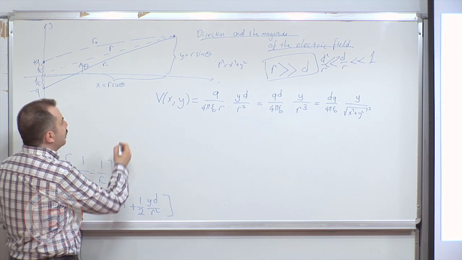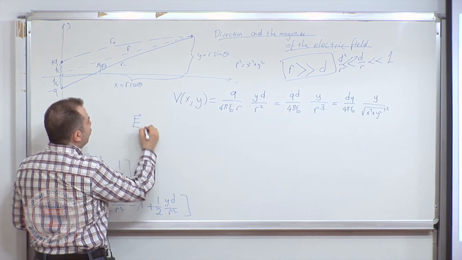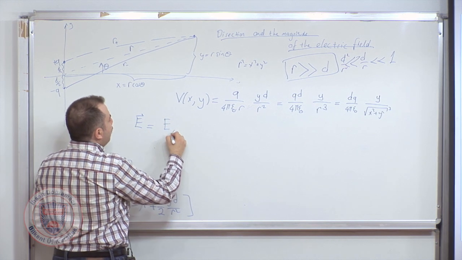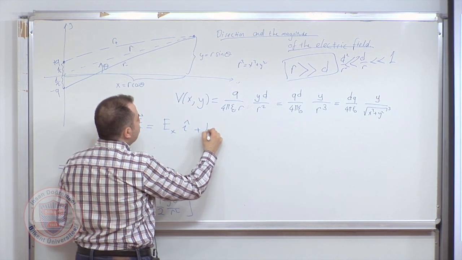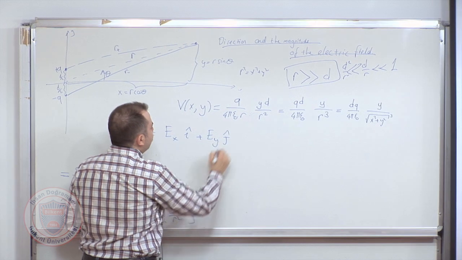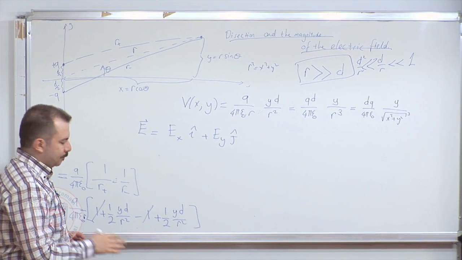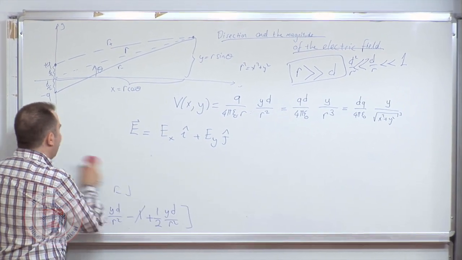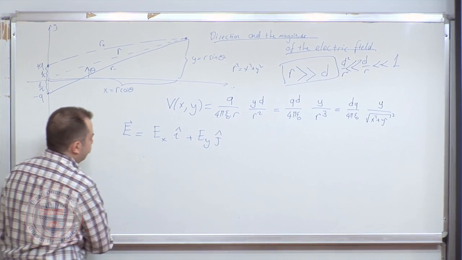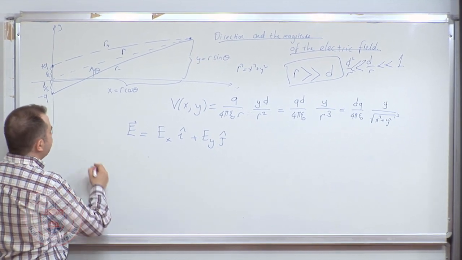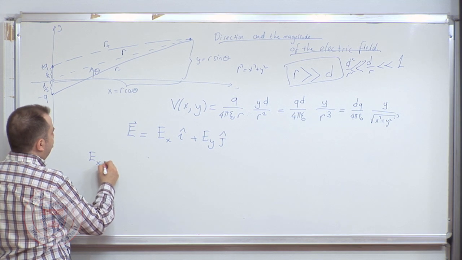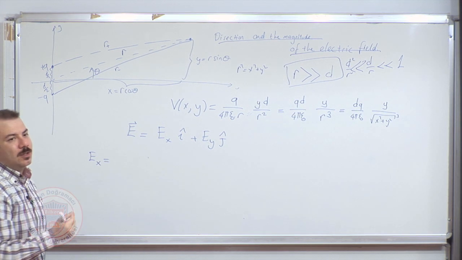How do I find the electric field? Electric field is going to be Ex i hat plus Ey j hat. What is Ex? Ex is, what was our formula?